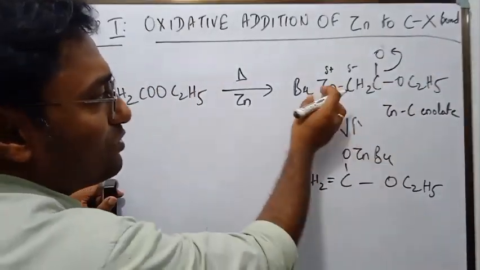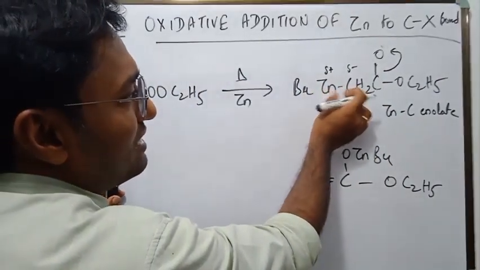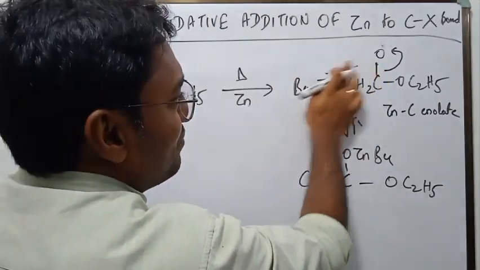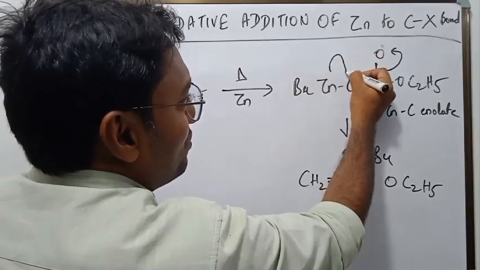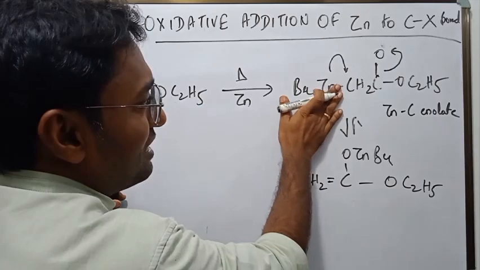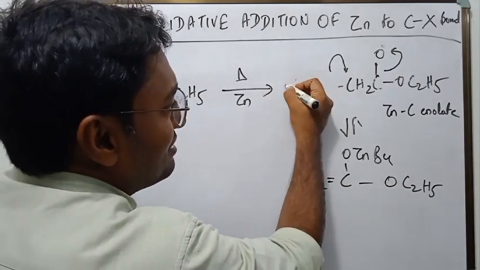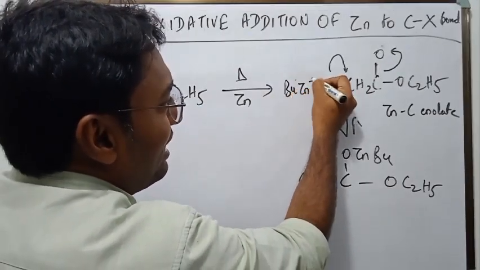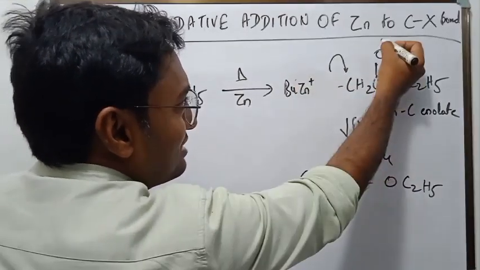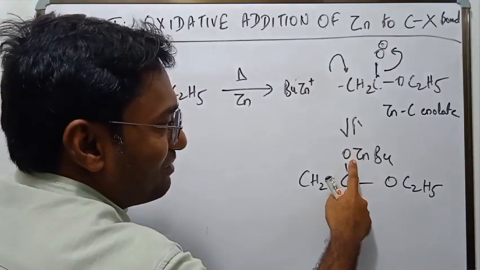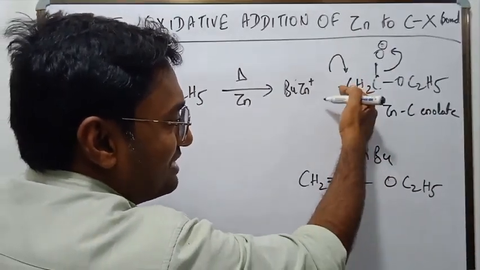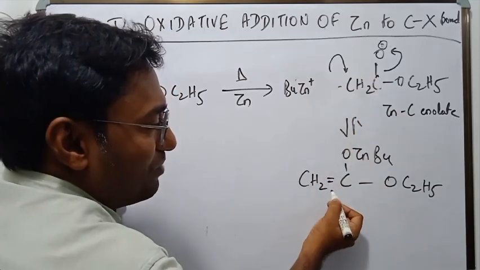Here also there is the same issue. So ZnBr will dissociate from here and combine with oxygen, because oxygen has a negative charge. And the pair of electrons it has left can come here and form a double bond.